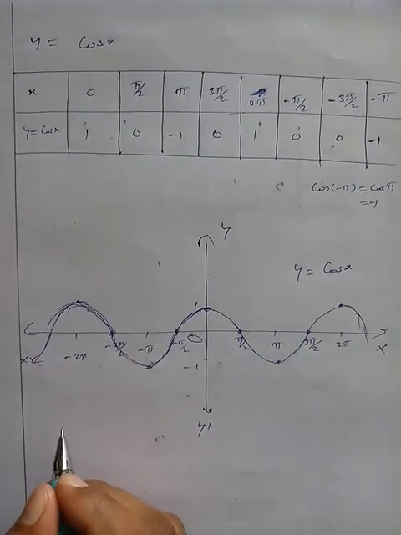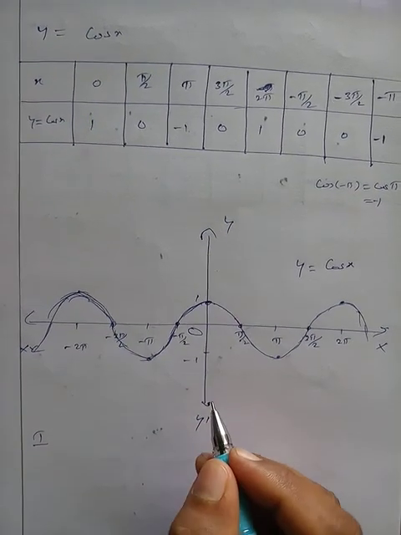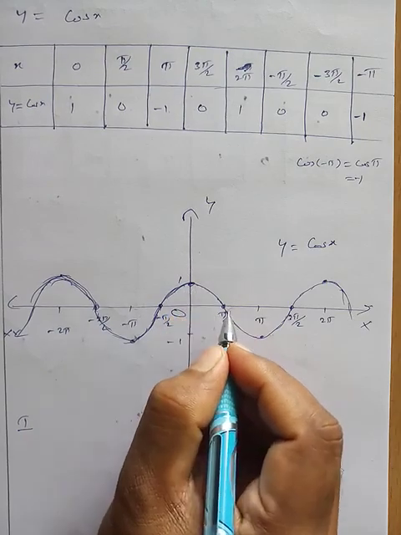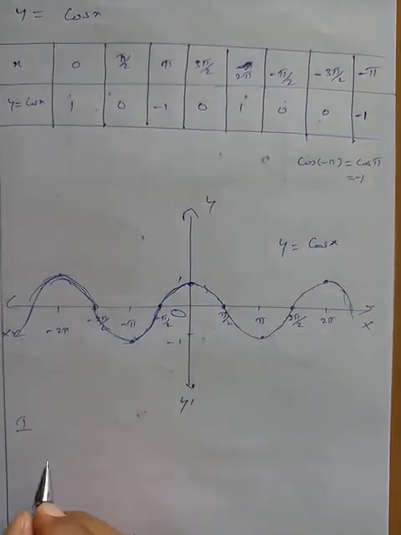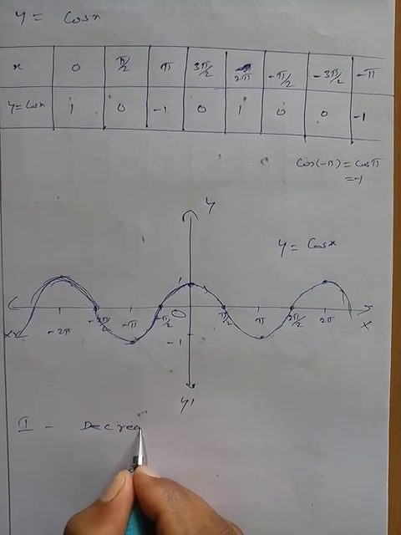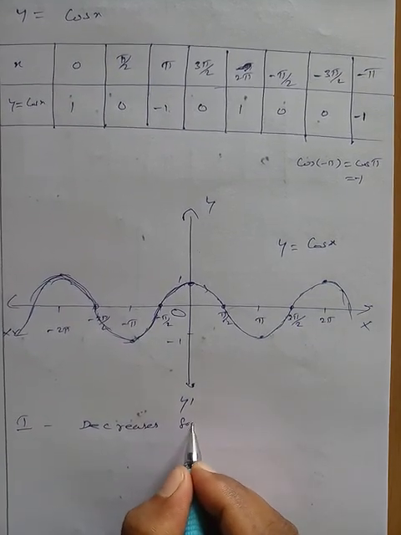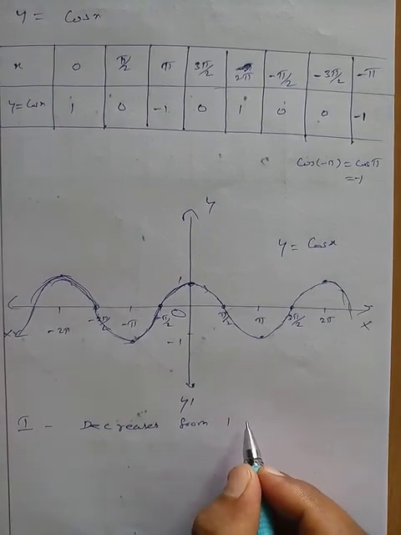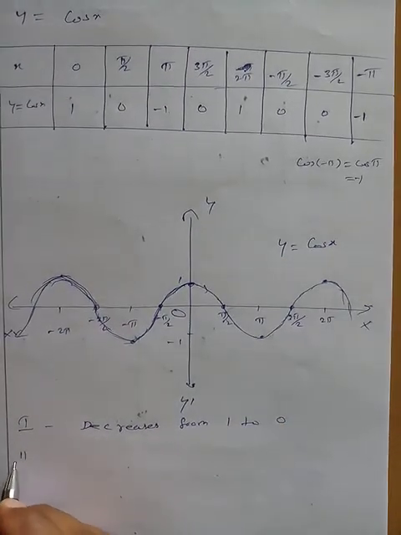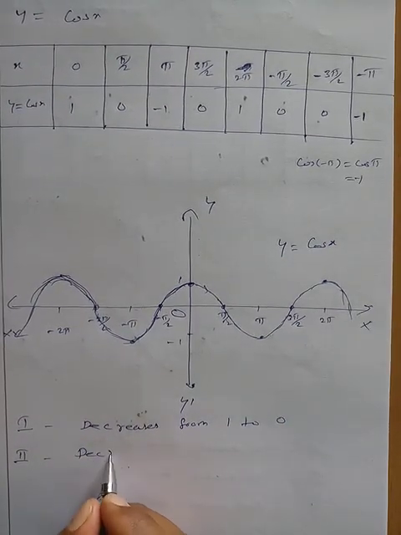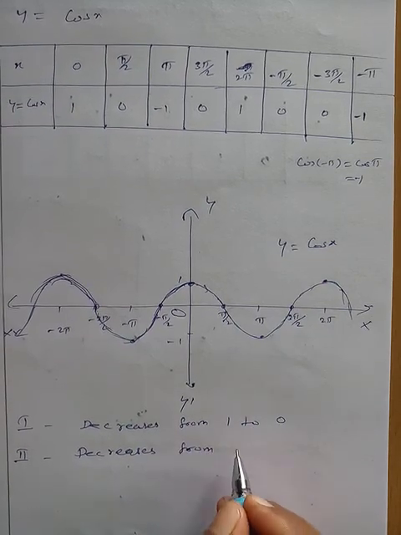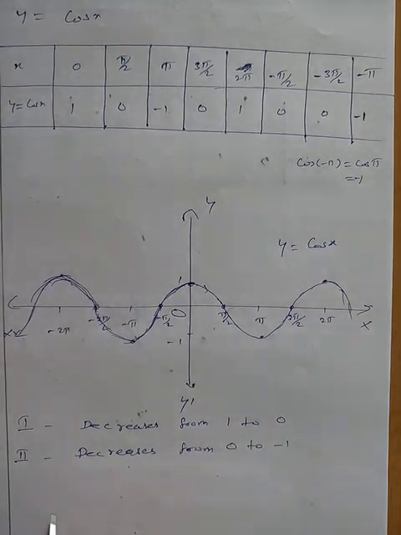Now the changes of value. In the first quadrant, here decreasing, decreases from 1 to 0. Next again decreases from 0 to minus 1.